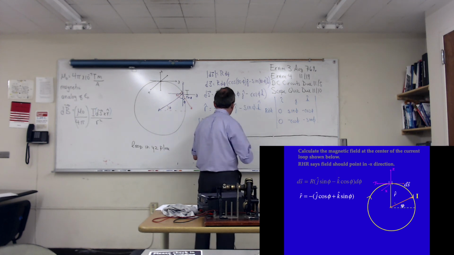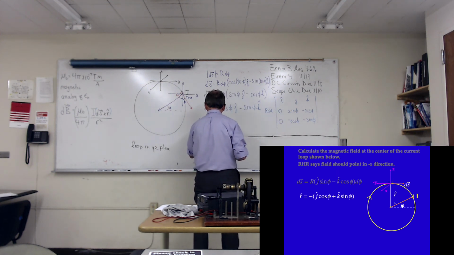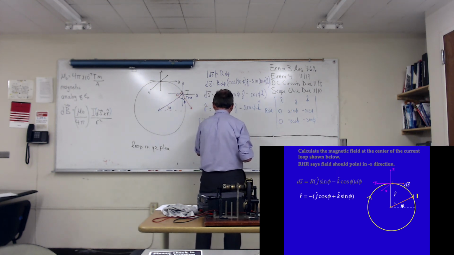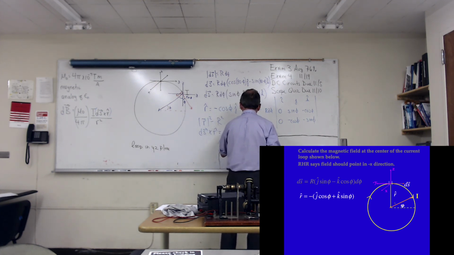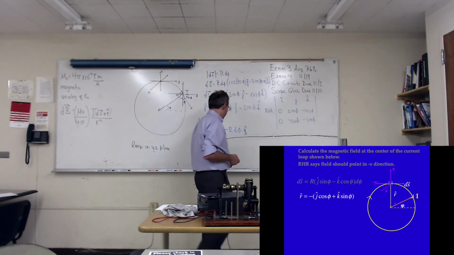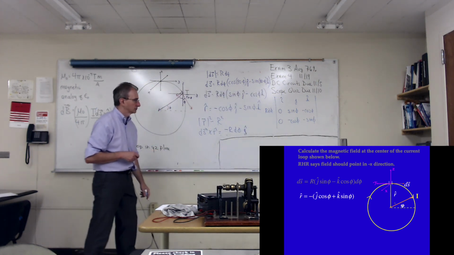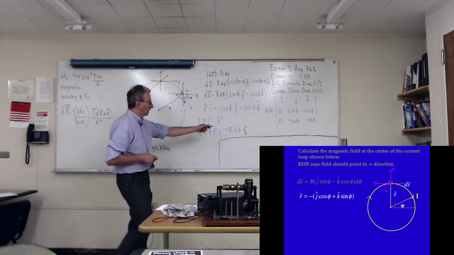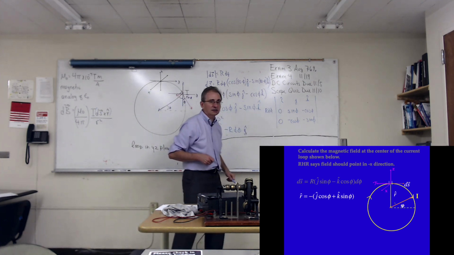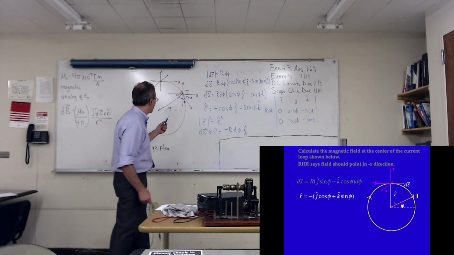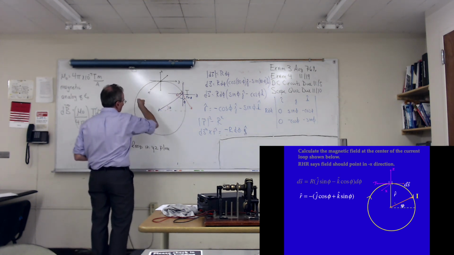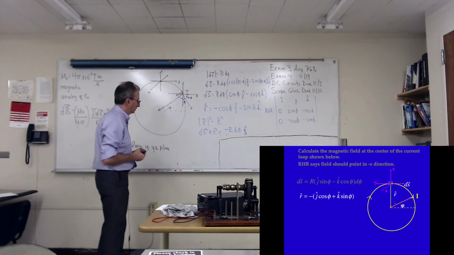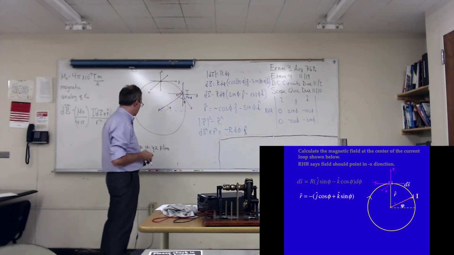And so that cross product is going to give me minus r d phi i hat. And if you don't believe me, then do the cross product, do it the hard way. I just use symmetry. I know that all the way around here, when I apply the right-hand rule, the field points into the board. That's my ds cross r hat.